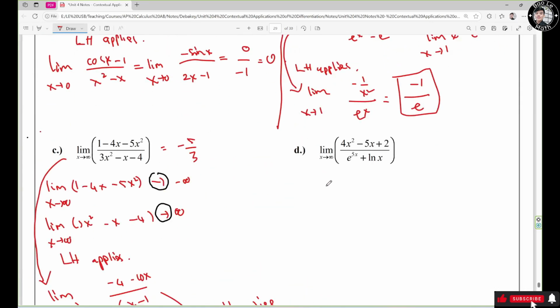Now, question D. We have the limit of 4s squared minus 5s plus 2 when s approaches infinity is going to be infinity, and the limit of e to the 5s plus natural log of s when s approaches infinity is going to be infinity, right? So we have an indeterminate form, then L'Hopital's rule applies, right?